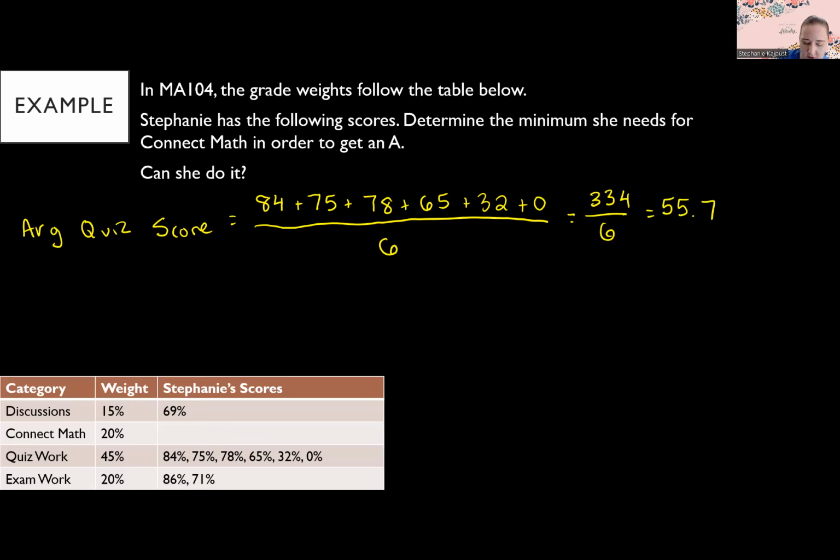Now we also need to find the average exam score. There are only 2 exams, so that's 86 plus 71 divided by 2.